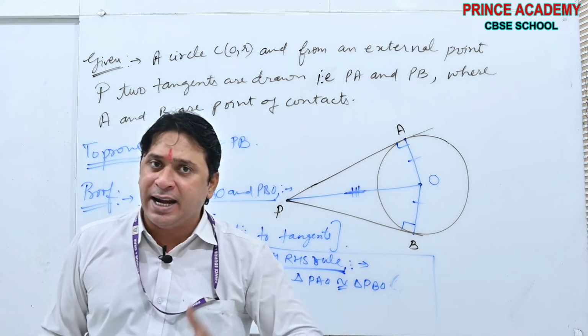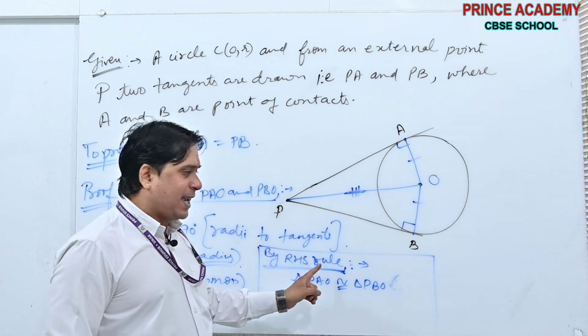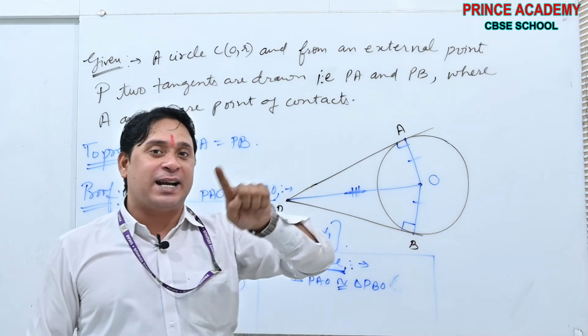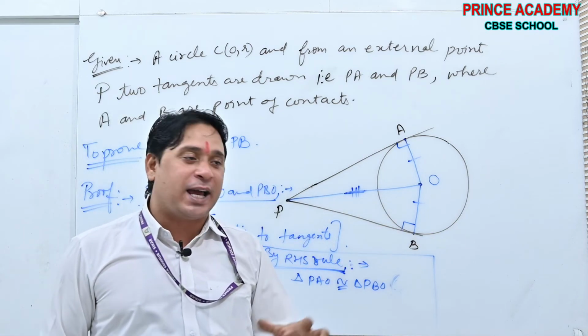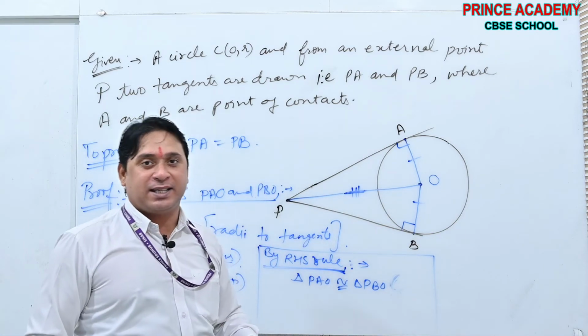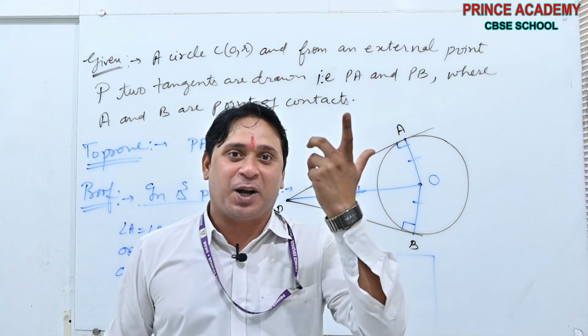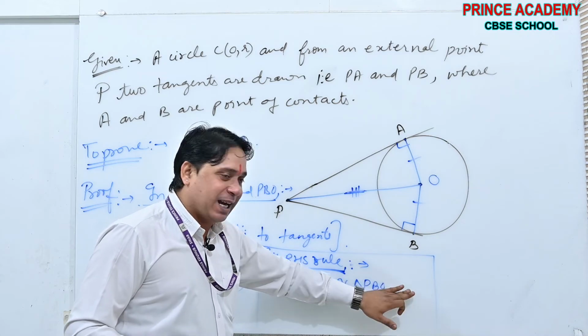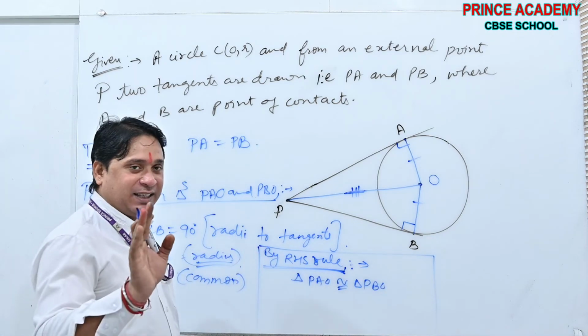Congruency you have learnt in earlier classes. RHS congruency: right triangles, hypotenuse and side rule. Last year one student I asked what is the full form of RHS. He said by right hand side rule, sir. So do not behave like that. Okay, RHS rule you all have learnt in 9th class.